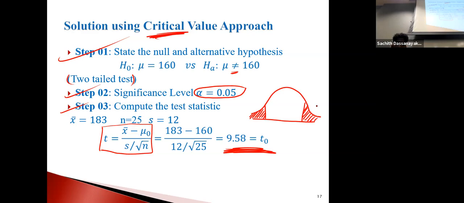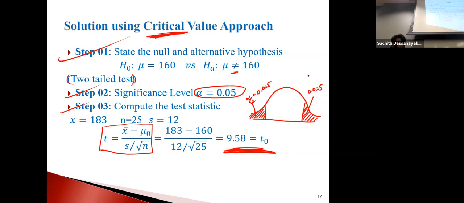Altogether these two areas should equal alpha, so one side is always alpha over 2, which means 0.025. This side also 0.025, because this is two-tail.